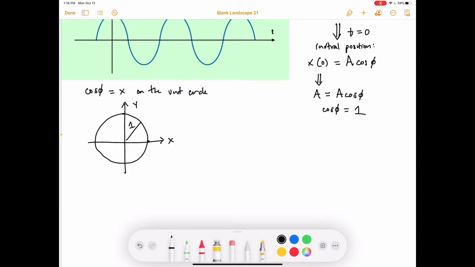So only when we're at this point on the unit circle is x equal to 1. There's actually no other point that works. And what is the angle in that case? Well, it's actually 0. So the phase angle in this example is equal to 0. Okay, that's how you do this one.